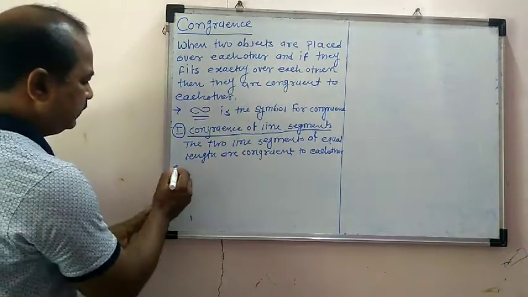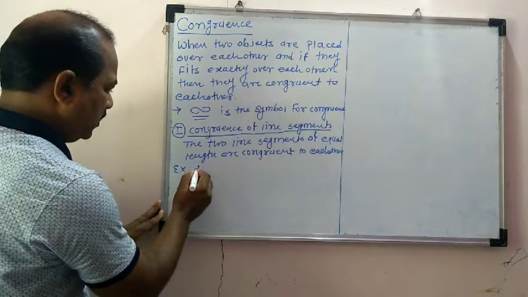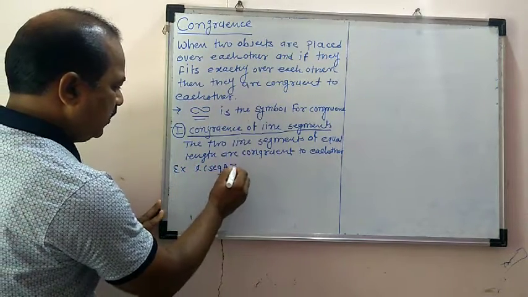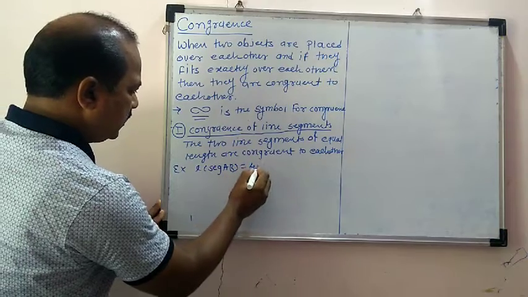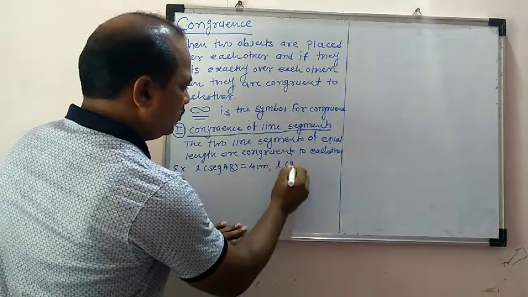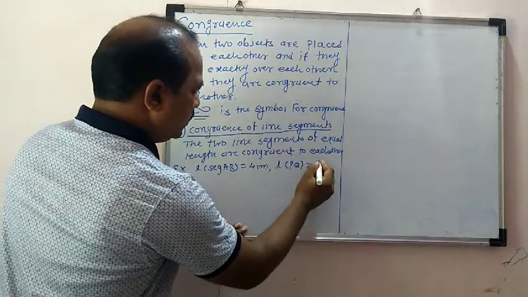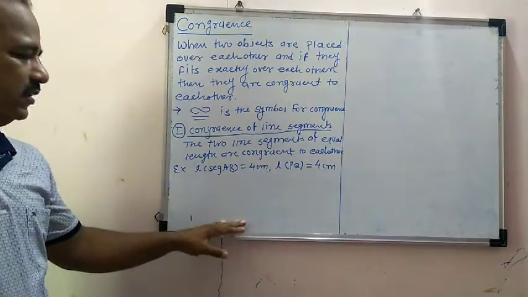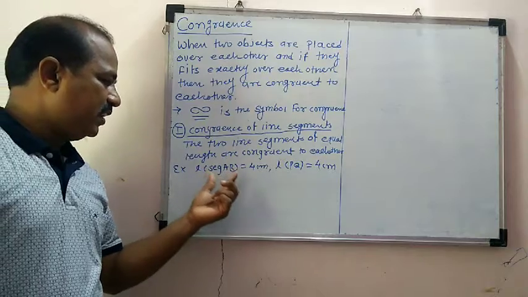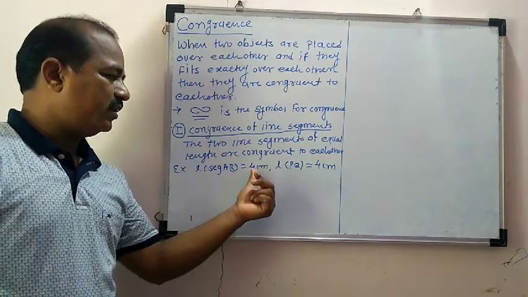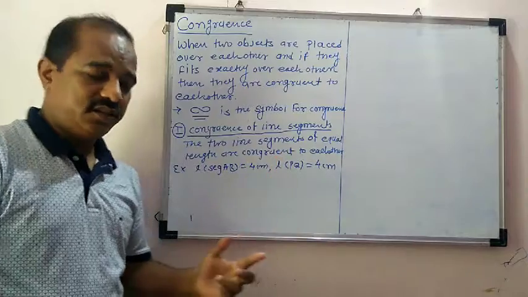See here example, length of segment AB is equal to suppose 4 cm and length of segment PQ is also 4 cm. We see here that the length of segment AB and length of segment PQ are equal, that is 4 cm.